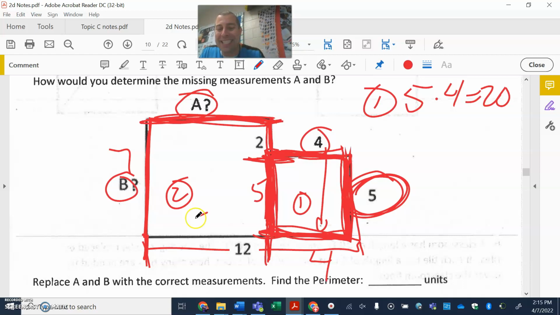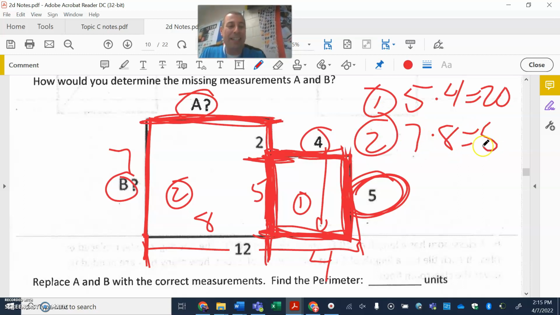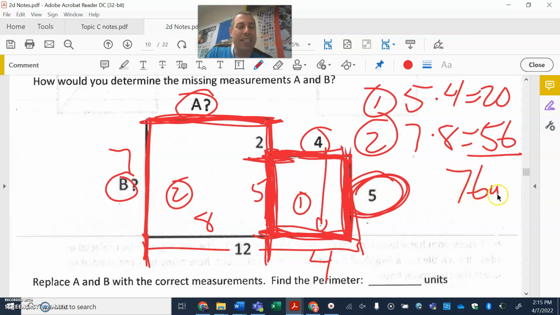So the missing distance is an 8. 8 plus 4 gives me 12. Now I can deal with region 2: 7 times 8. Hey, that's a 56. I can get the grand total by adding them together. It's 76. 76 units squared.